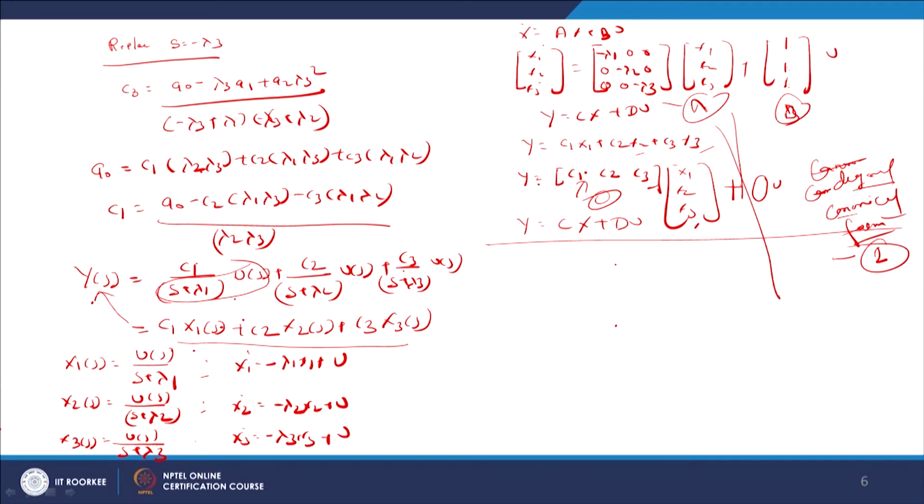See, there are 3 states, x1 dot, x2 dot and x3 dot. So in this case there are 3 states, then how many integrators are there? There is a requirement of 3 integrators. So we will go for the first integrator. We will draw this first integrator. So you see here I have shown one integrator.